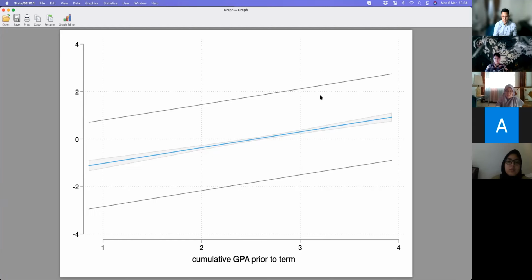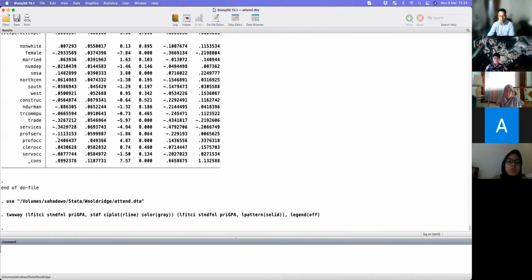So it tends to be wider. Okay, so that's going to be an illustration of confidence interval versus prediction interval.